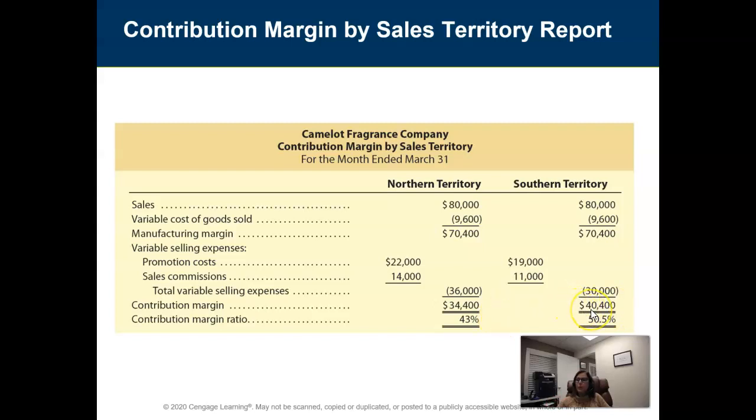And we can see here that the Southern Territory is far better poised than the Northern Territory to give us that contribution ratio, despite the fact that the total sales and manufacturing margins are exactly the same between the two of them.